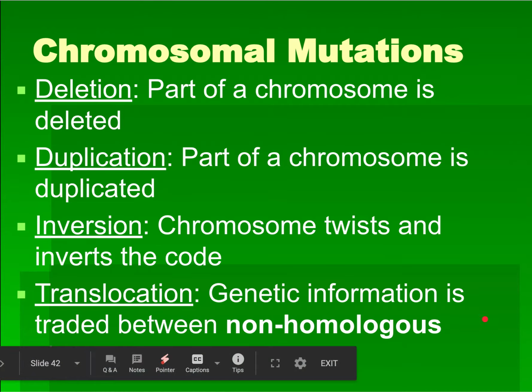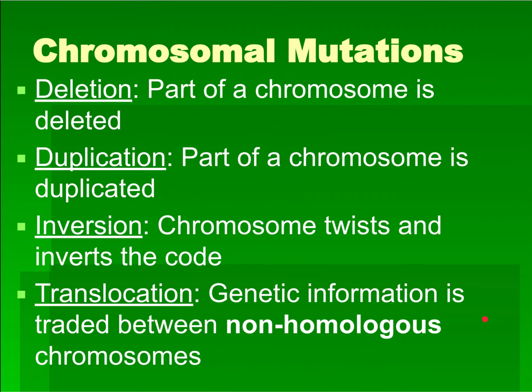Now, we've talked about homologous chromosomes, but we didn't talk about non-homologous chromosomes. From your meiosis videos, you guys did excellent on them. When you had that tetrad forming and those two homologous chromosomes are coming together, they're homologous because they have the same gene sequence and about the same location.